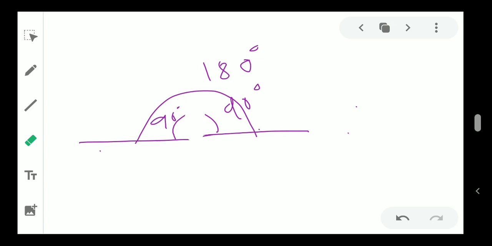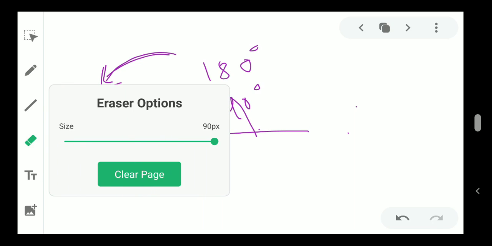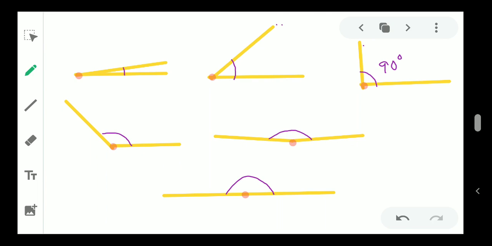Why 180? Because to become like L, this arm has to first come here, then go down and again cover more 90 degrees and then come to this side. So ultimately you will have 180 degrees, because 90 plus 90. So in this case the angle is 180 degrees.